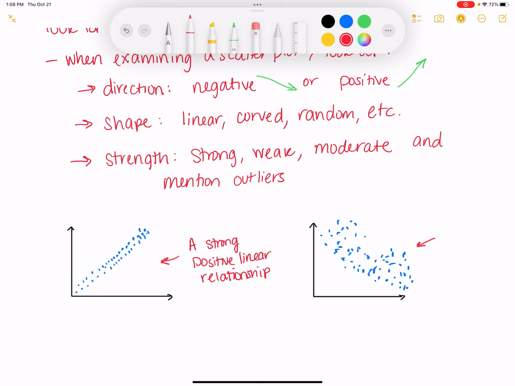You think it's linear? Well, no, I just drew mine wrong. I think it's kind of random. It's curved. Okay, I got mine drawn like that, it has a little arc in it. You drew it right? So a weak, negative, curved relationship. It matters how you draw it, guys.